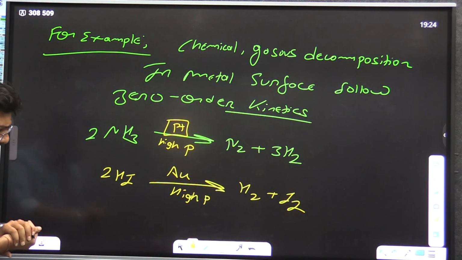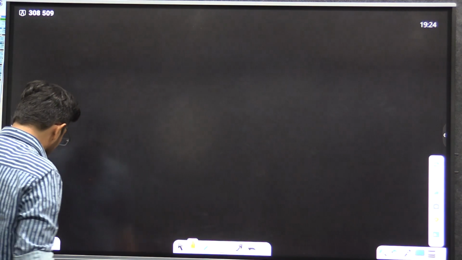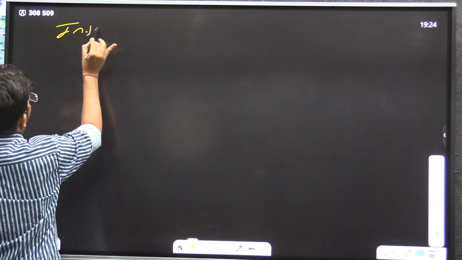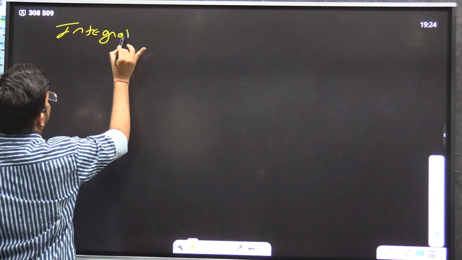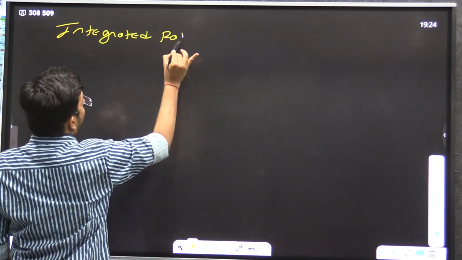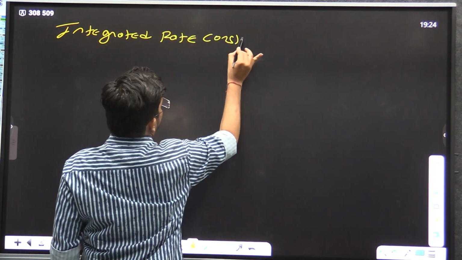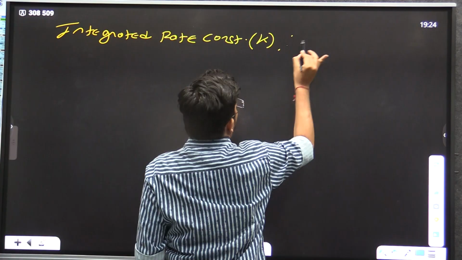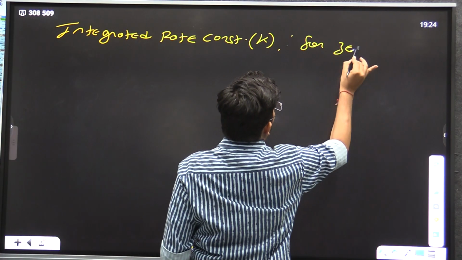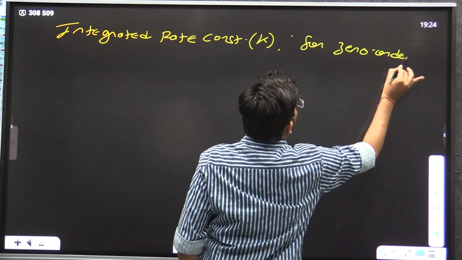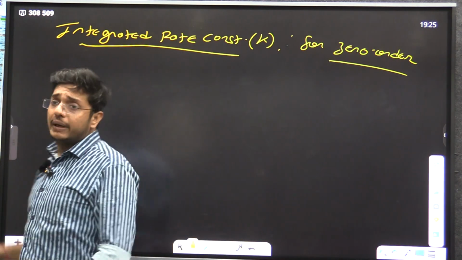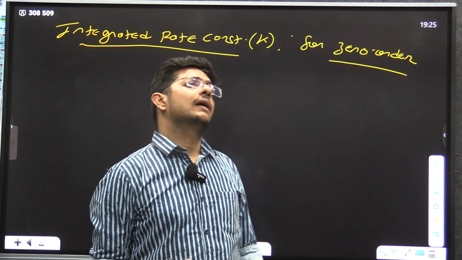Now, in zero order, we are going to start one of the topics known as the integrated rate constant for zero order. Before starting this, first of all, we want to know why we need to calculate the integrated rate constant.